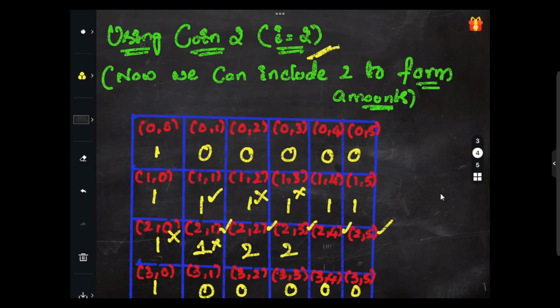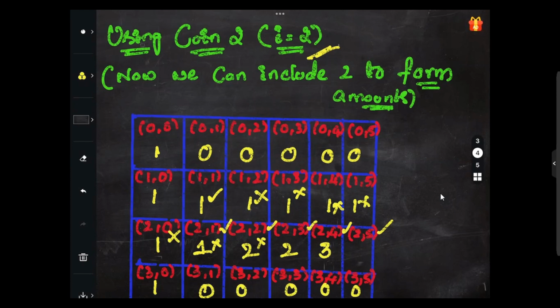Let's go to the dp of 2 comma 4. dp of 2 4 is dp of 1 4, where is 1 4, this one, dp of 1 4 plus dp of 2 2. So this one will be going with, here 1 plus 2 is nothing but 3 in this case. I hope this is clear. The final one, 2 comma 5 here, dp of 2 5 is dp of 1 5, we are considering this one, and dp of 2 3.